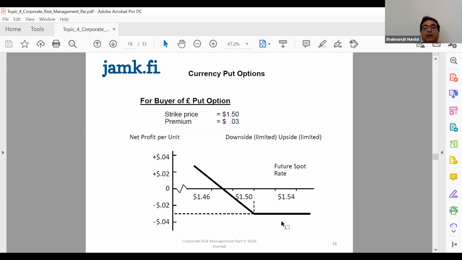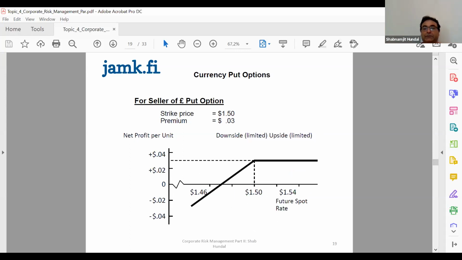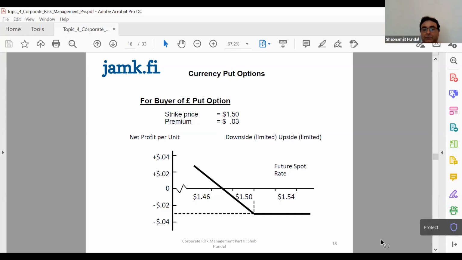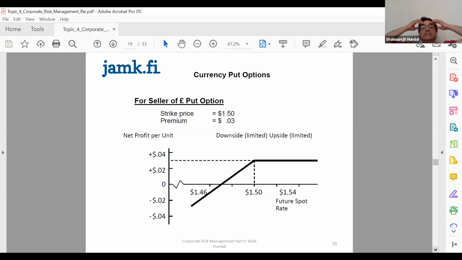And if I just reverse this picture upside down, the mirror reflection, it becomes like this. So if you compare this picture with this picture, if this thing goes up and this thing goes down, it looks like this. And this is for the seller of the put option, the one who sells.